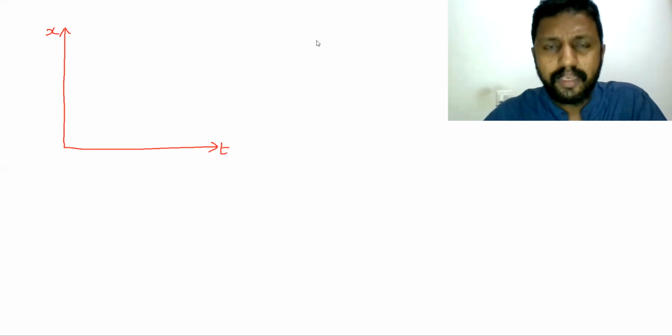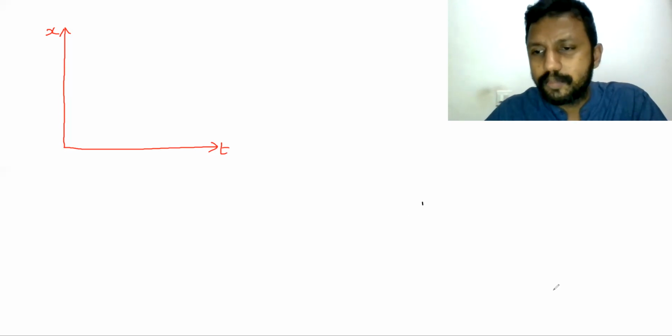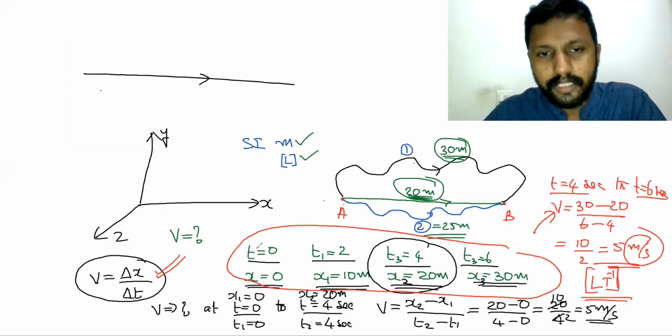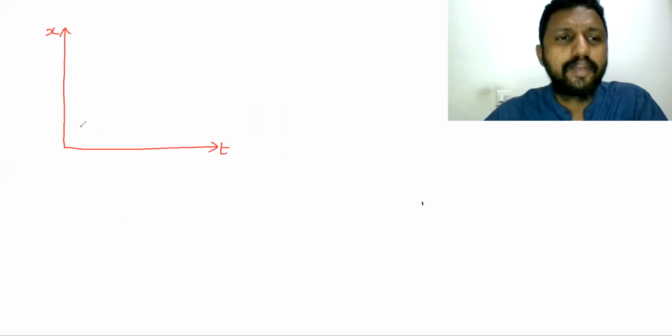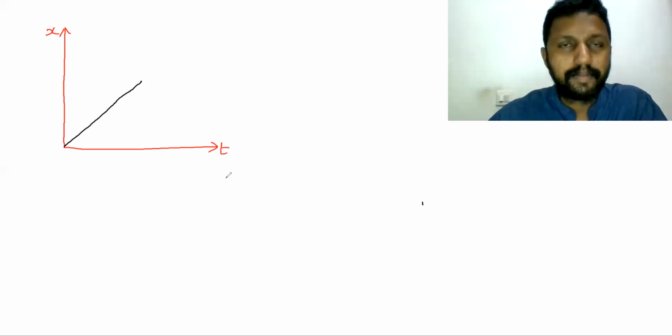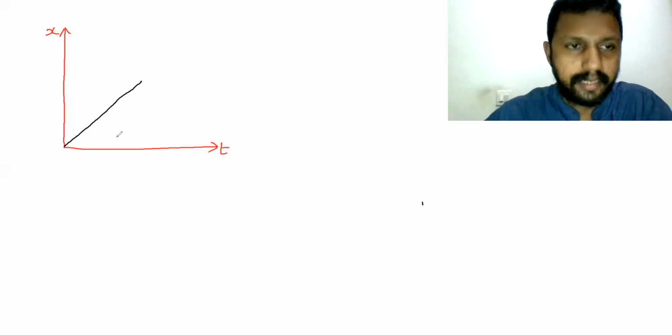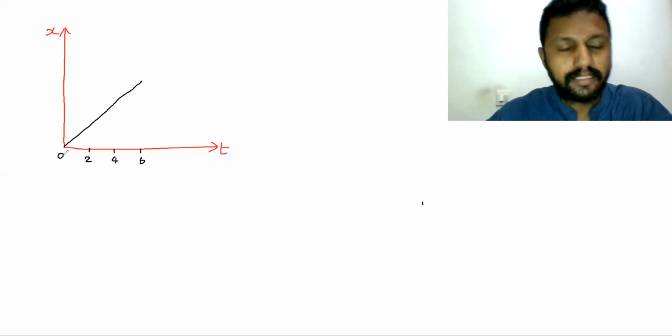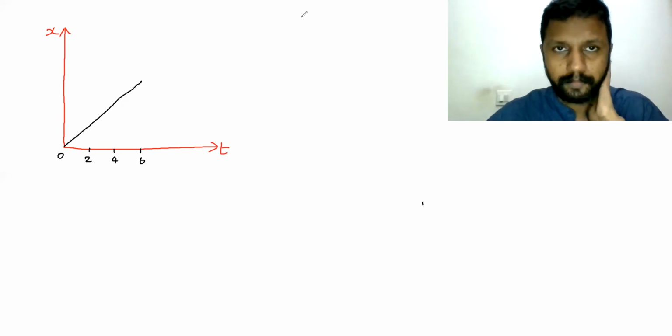If I am drawing a graph corresponding to our previous situation, that is 0 to 4 seconds, with positions 0, 10, 20, 30, then the graph will be a straight line. Let's say this is the 0 time, and this is the 2-second time, 4-second time, 6-second time. At 0 time, the position was 0.